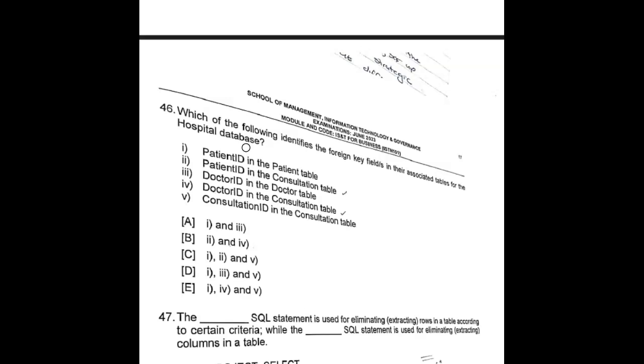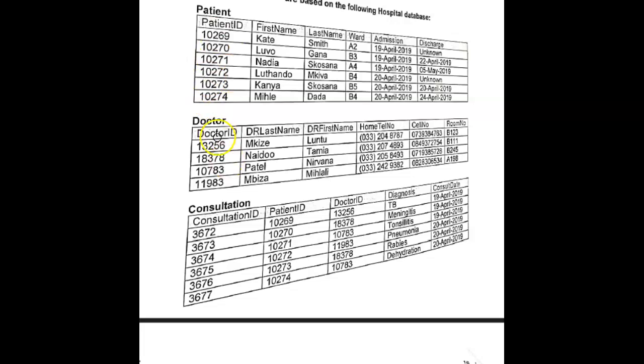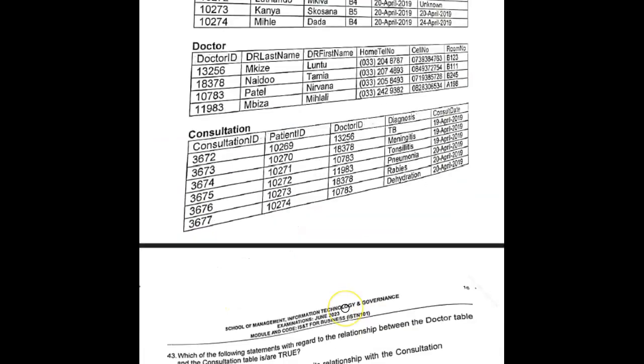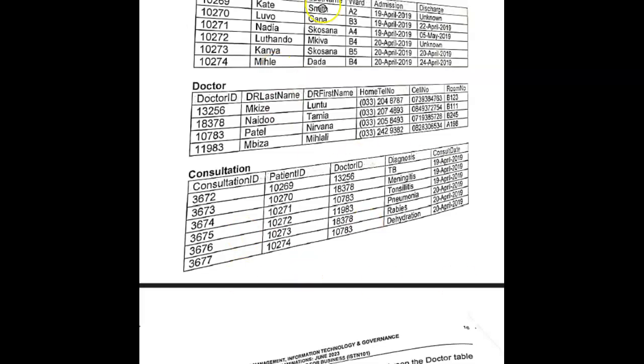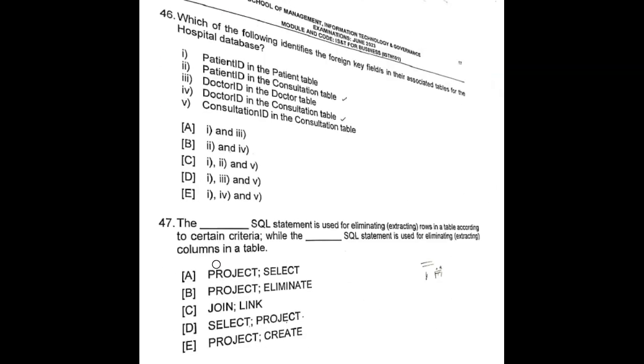Now for this one over here, identify the foreign key. I already told you which are the foreign keys. It's this and this. Also I think it's this, because consultation ID in consultation is a primary key. So if you have databases which we're not looking at over here, they can also be foreign keys, etc. So these are all primary keys here, right? Doctor ID, patient ID, consultation ID, primary keys.